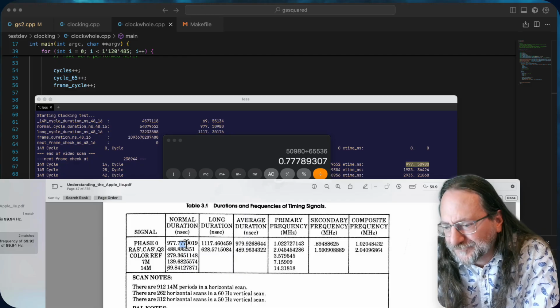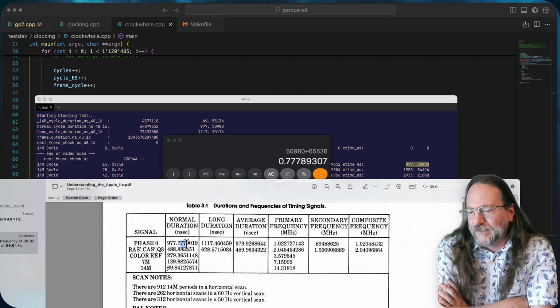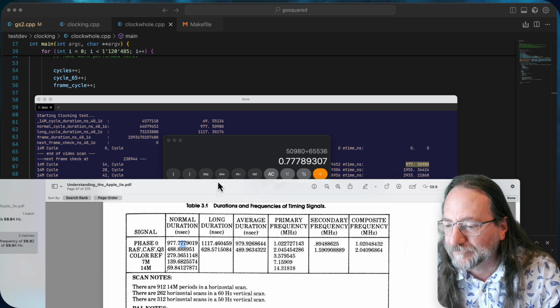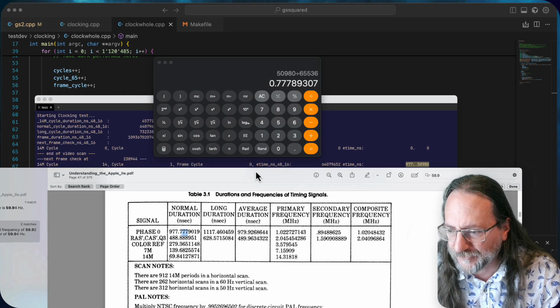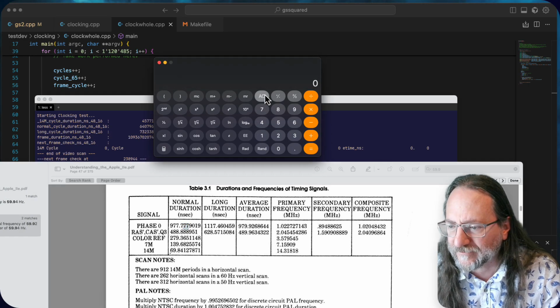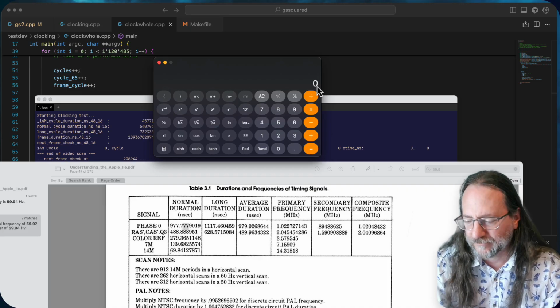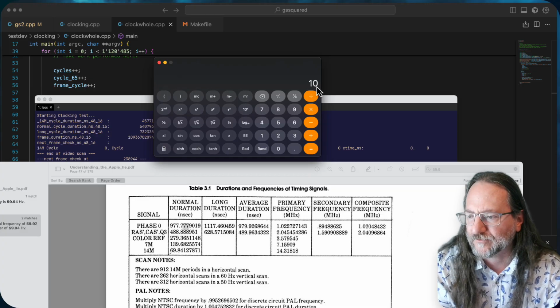I might need higher precision for this calculation. Let's think about that for a second. It's also possible that the Sather book is not being super accurate. Let's test this. Let's see what more decimal places gives us.